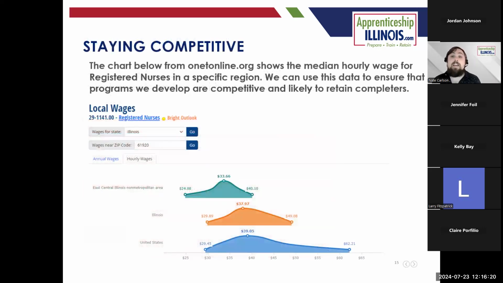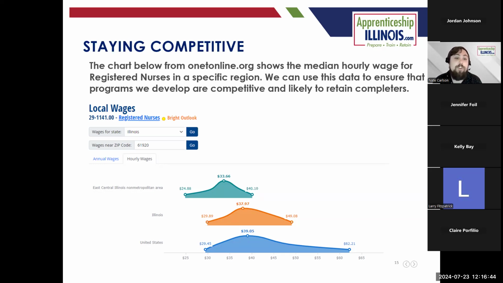And so we talk about staying competitive. And this is data pulled from onetonline.org, which is an incredible resource. I'm sure many of you are already familiar with it. One of the ways we classify apprenticeship programs is by their O*NET codes, which means for any apprenticeship occupation that we're looking to develop with an employer, we can go and see what the average median wages are for that role.